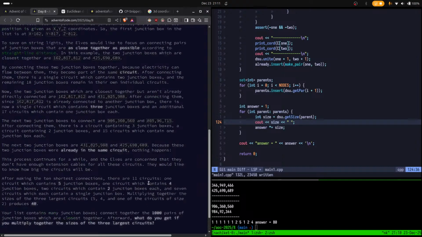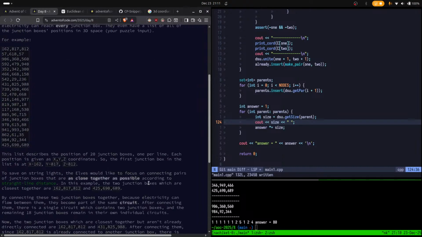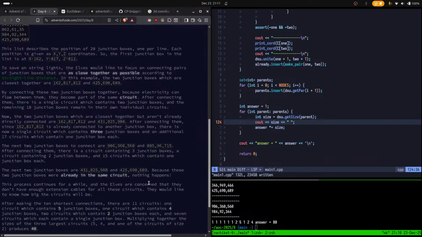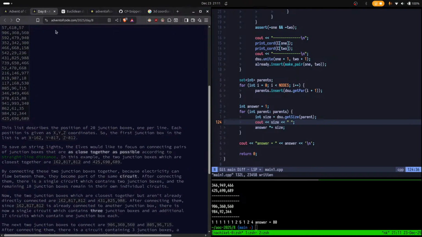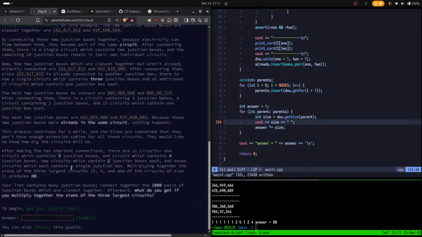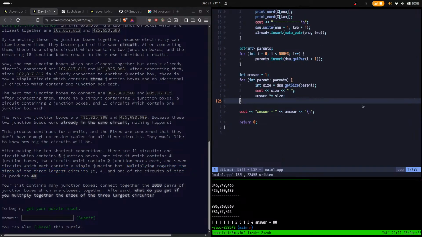I got 80. I didn't understand what operation they did. Multiplying together the size of the 3 largest circuits, right? Multiplying everything, just the 3 largest.